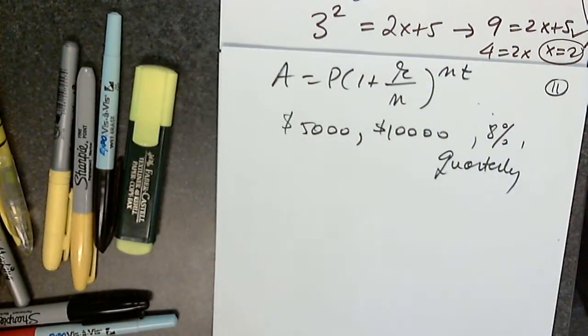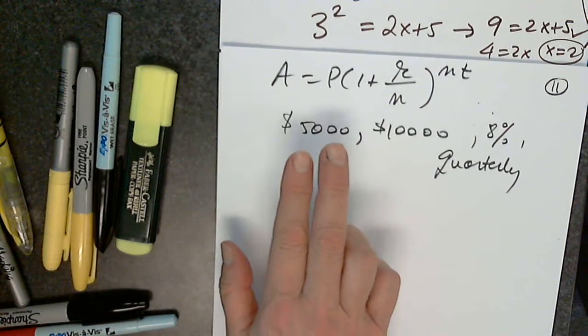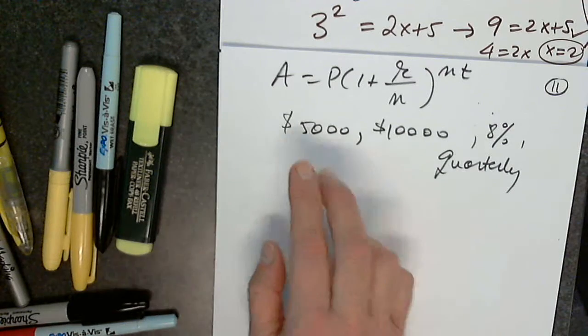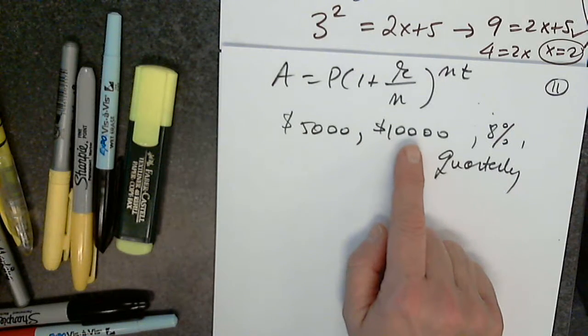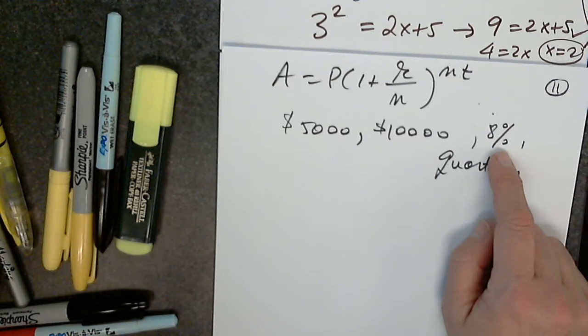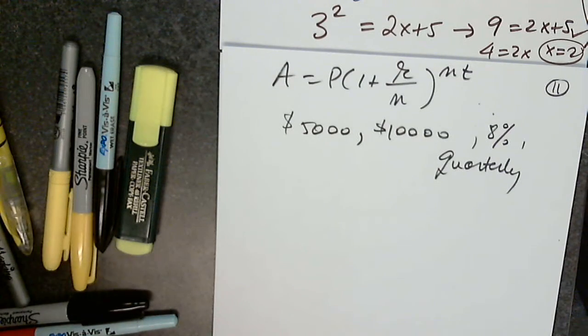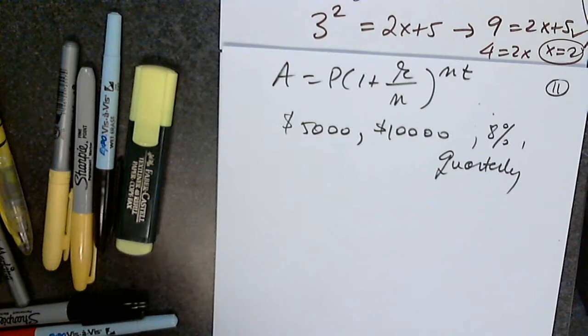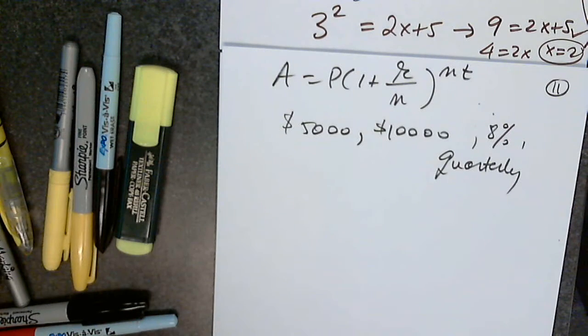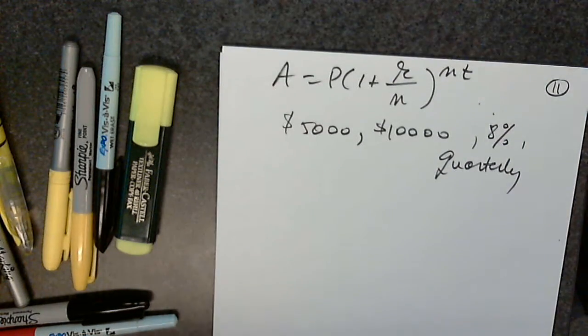Now, in this problem, the formula is given to us, and we are told we have $5,000. We want it to grow to $10,000 at an annual interest rate of 8%, with the interest compounded quarterly. So what do I do?